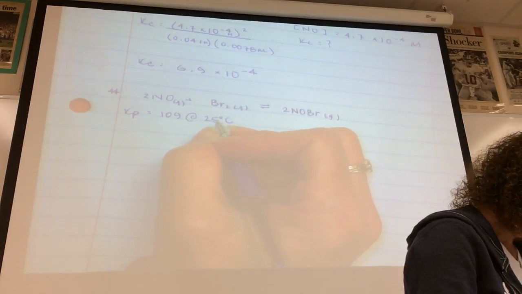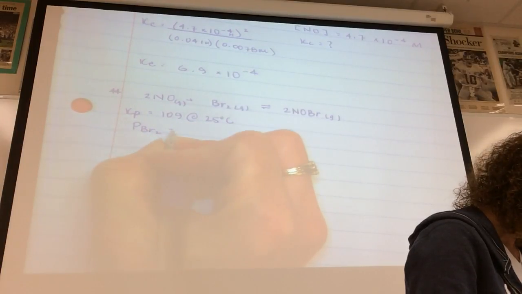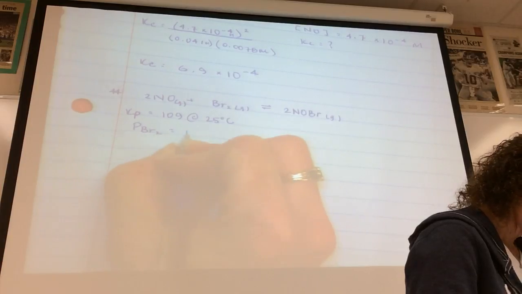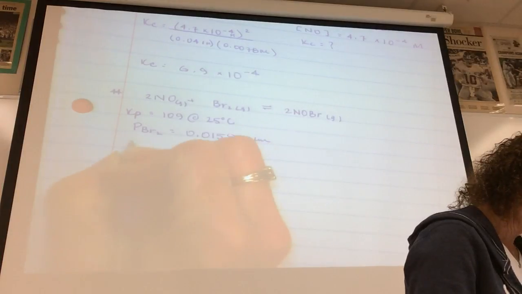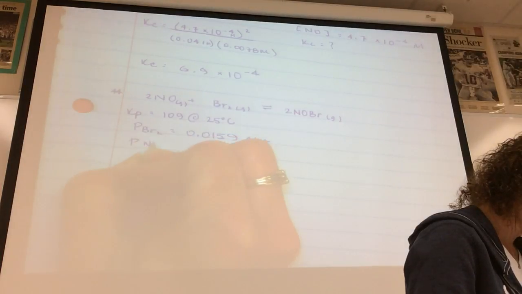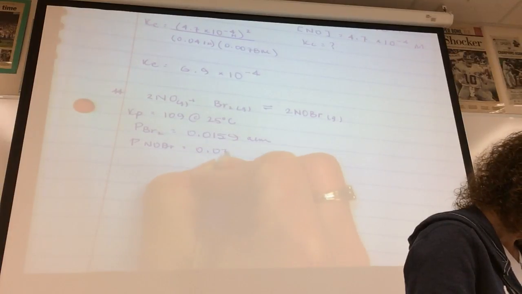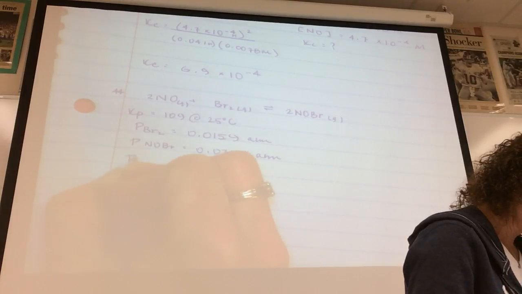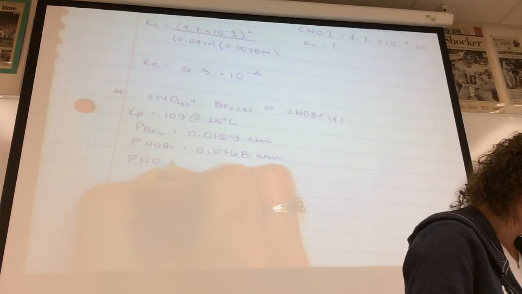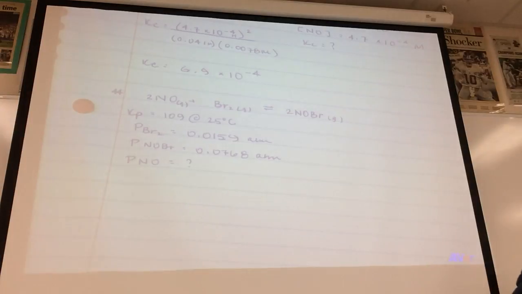It says the equilibrium partial pressure of bromine is 0.0159 atmosphere. The equilibrium partial pressure of this substance is 0.0768 atmosphere, and they want to know the partial pressure of nitrogen monoxide at equilibrium. Take a few minutes to get that down and give it a shot.